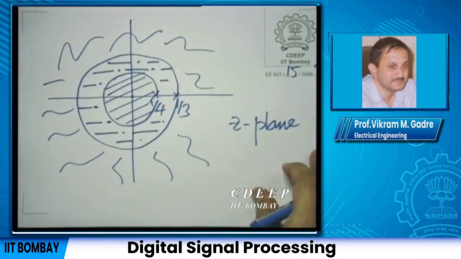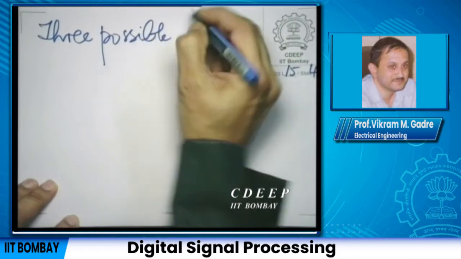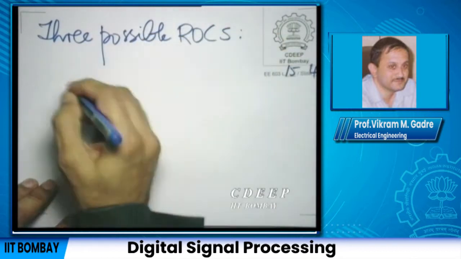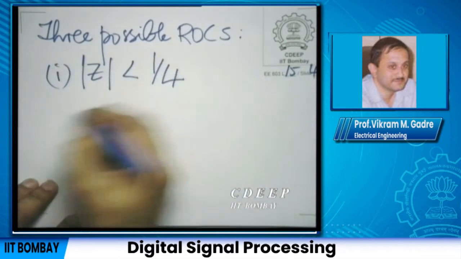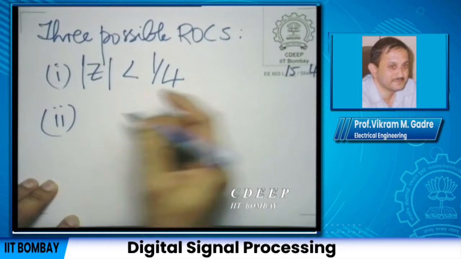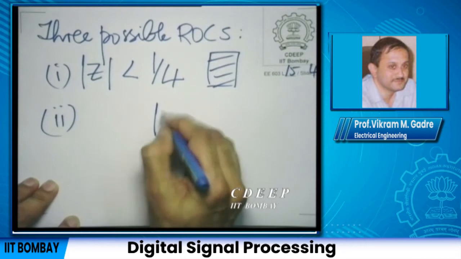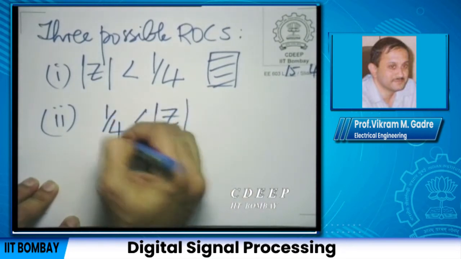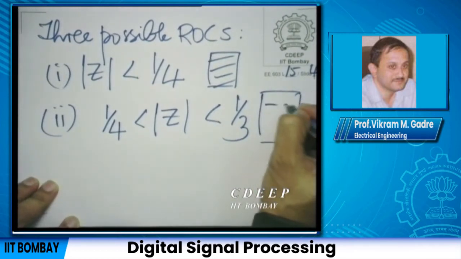Let me write these same regions of convergence down analytically. So, we have the 3 possible regions of convergence. Mod z less than 1/4, and that is essentially the region where we have shaded like this. Mod z between 1/4 and 1/3, and that is the region that we have shaded like this.